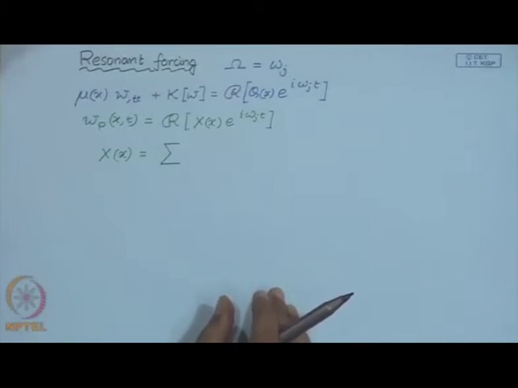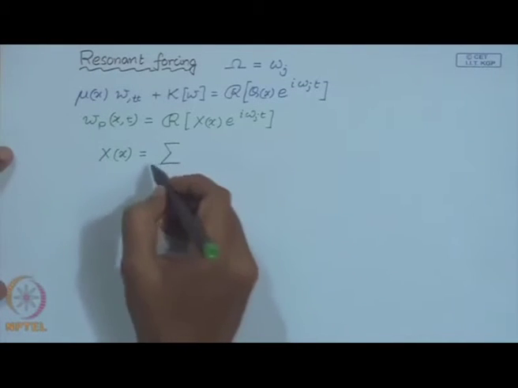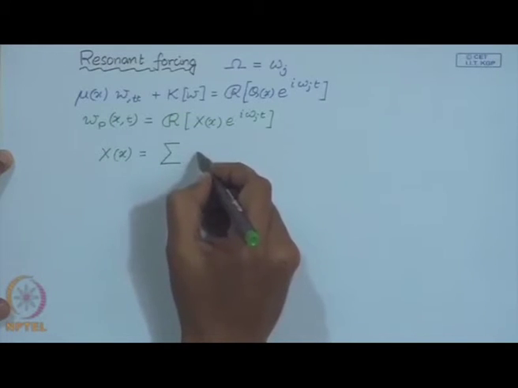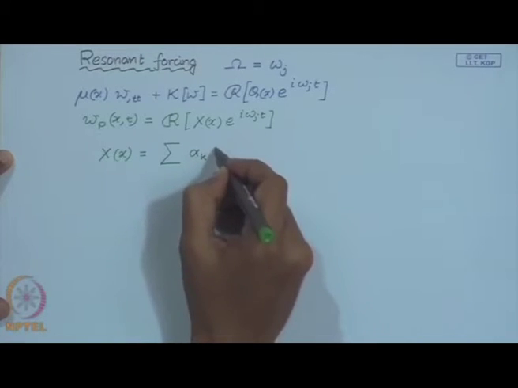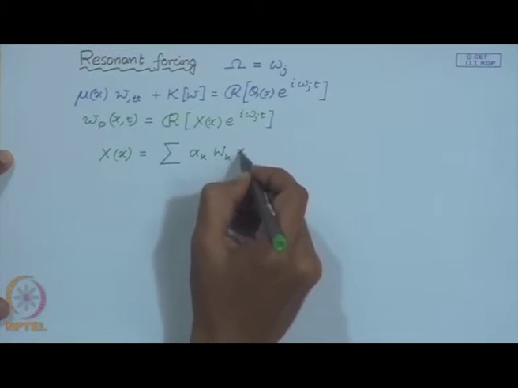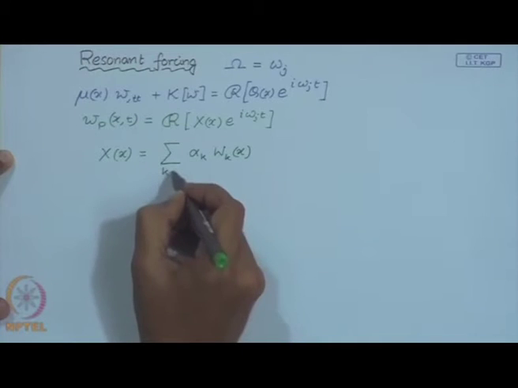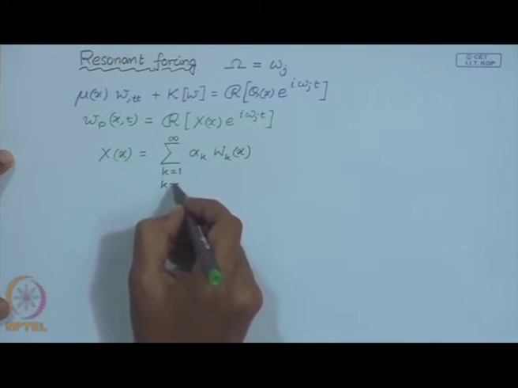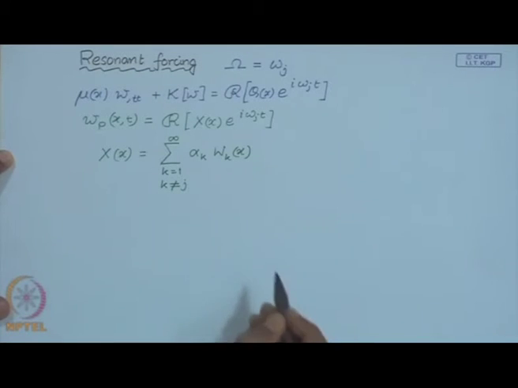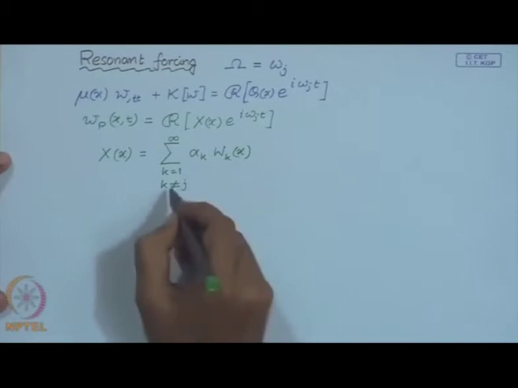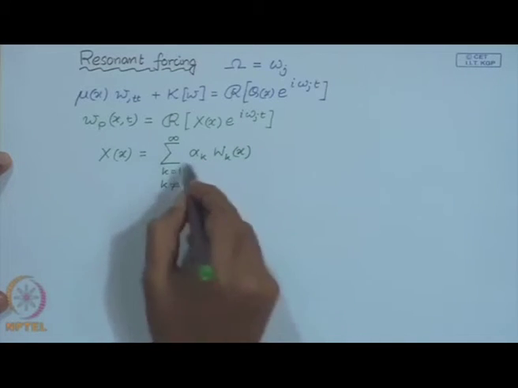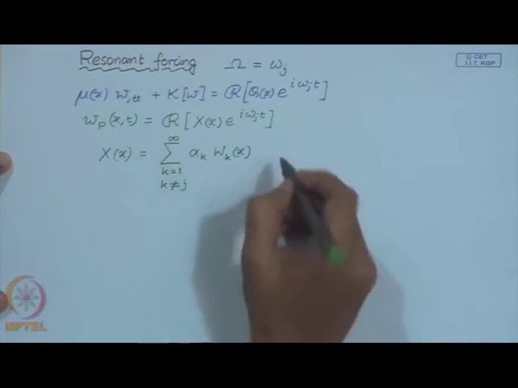So, to prevent that, we are going to expand this as this for all k except k equal to j.